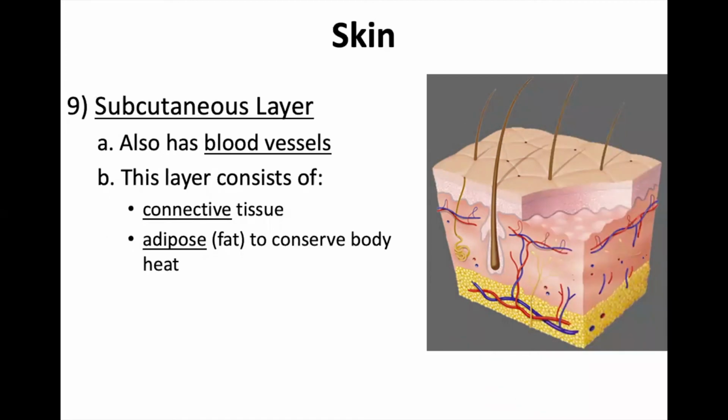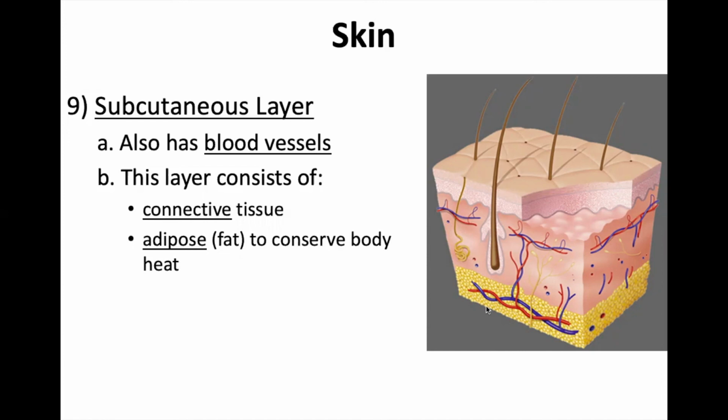All right, moving on to your subcutaneous layer. Down here is all of the fat under your skin, also thicker blood vessels. This layer consists of a whole lot of connective tissue to hold your skin down to your body, which is why you can pull on your skin and have it not just come off.